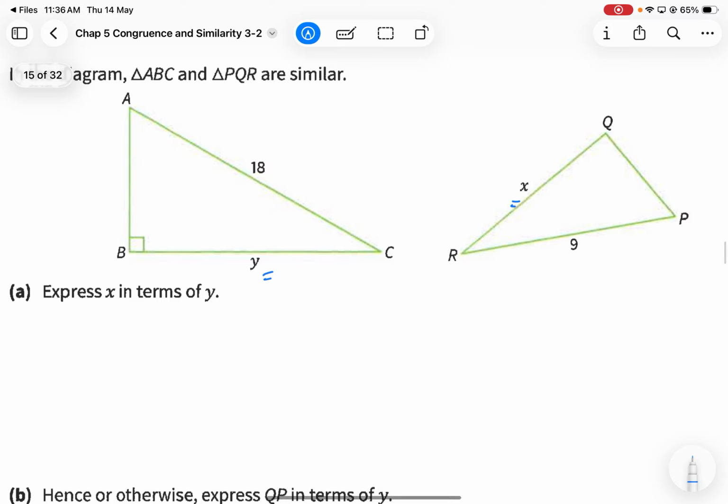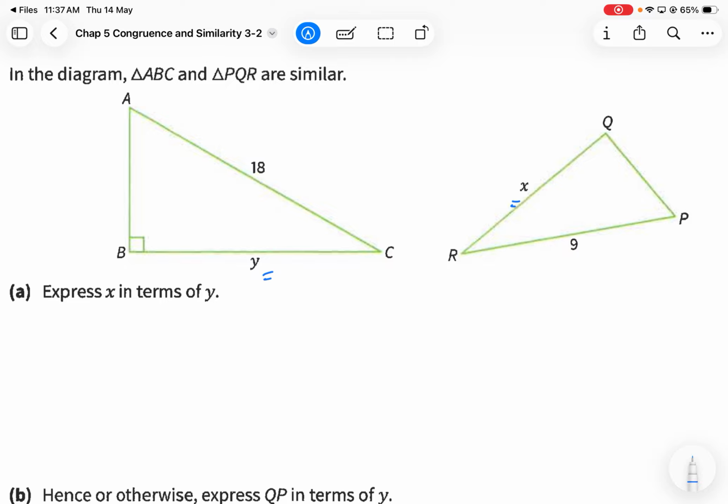Okay? Then when we look at these two triangles, where are the corresponding sides? ABC, PQR. So AB corresponds to PQ. BC corresponds to QR.